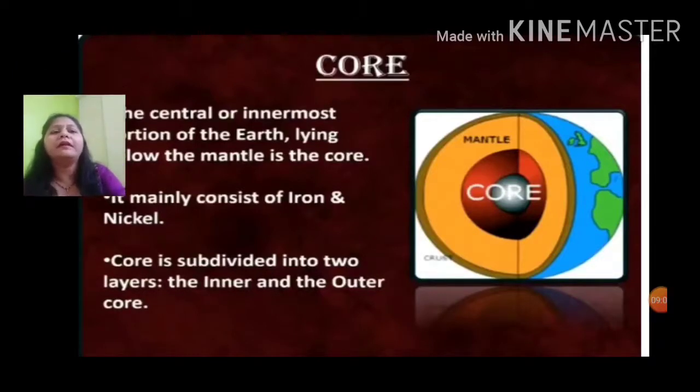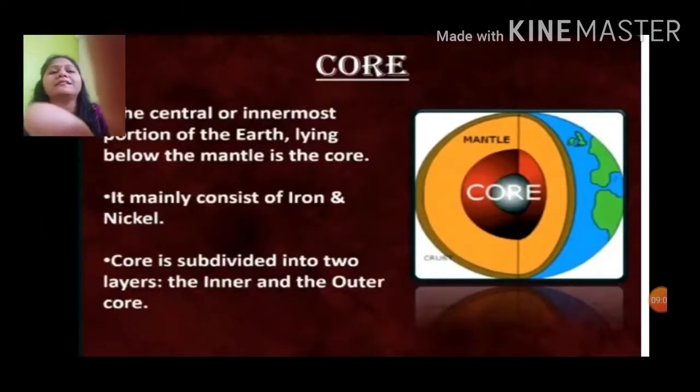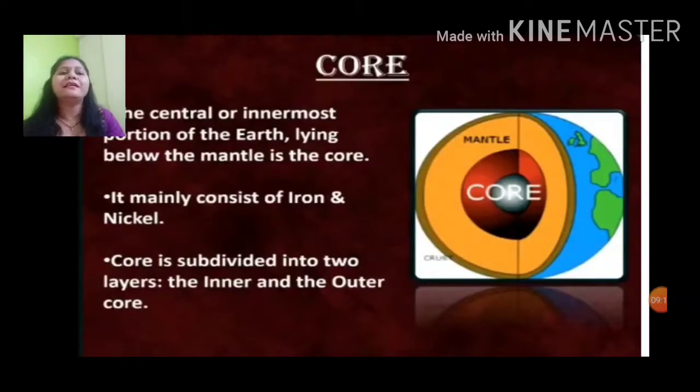Okay, now let us go for the next one, which is called the core. The central, or innermost, portion of the earth lying below the mantle is called the core. The core starts from a depth of around 2900 kilometers from the earth's surface, and the part of the earth's interior extending from the mantle up to the center of the earth is the core.